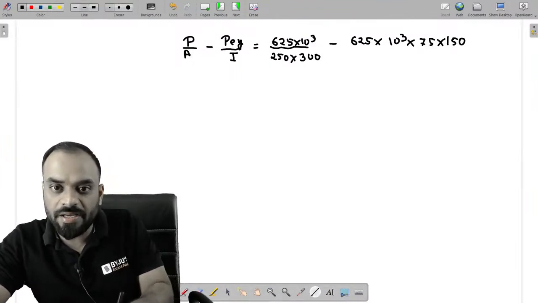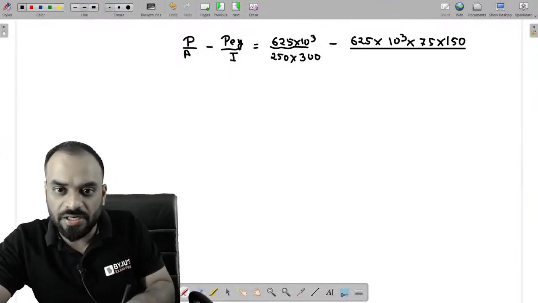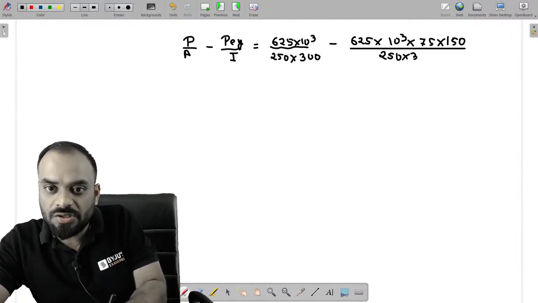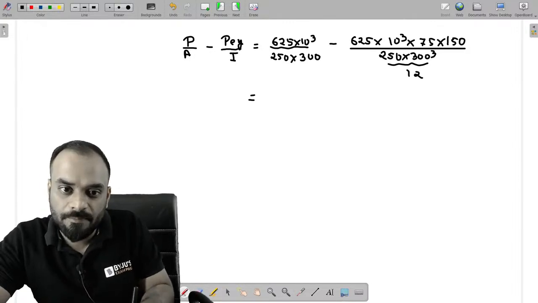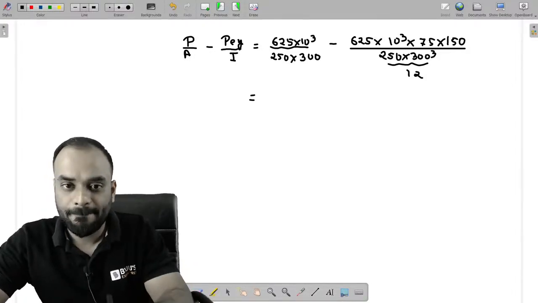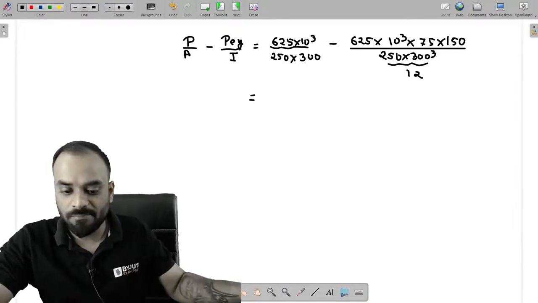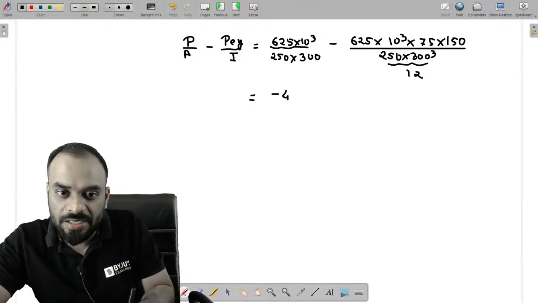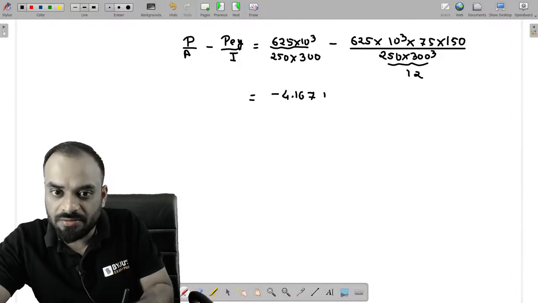Now divided by moment of inertia, which is basically BD cube by 12. So B into D cube divided by 12. How much are you getting? Minus 4.167. Minus 4.167 megapascal. Kindly check it.